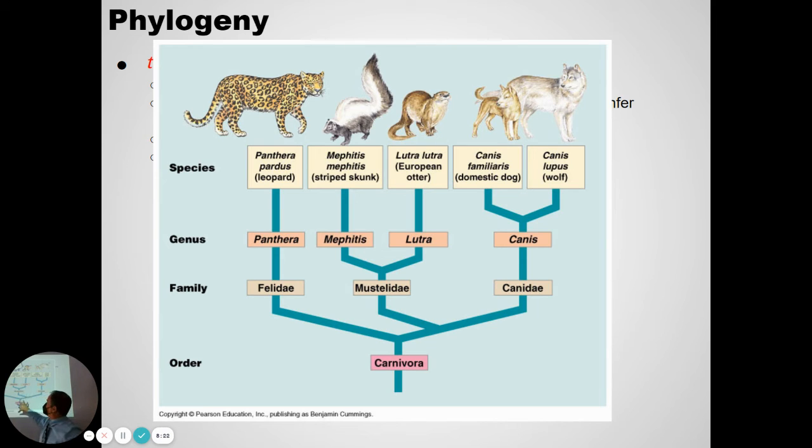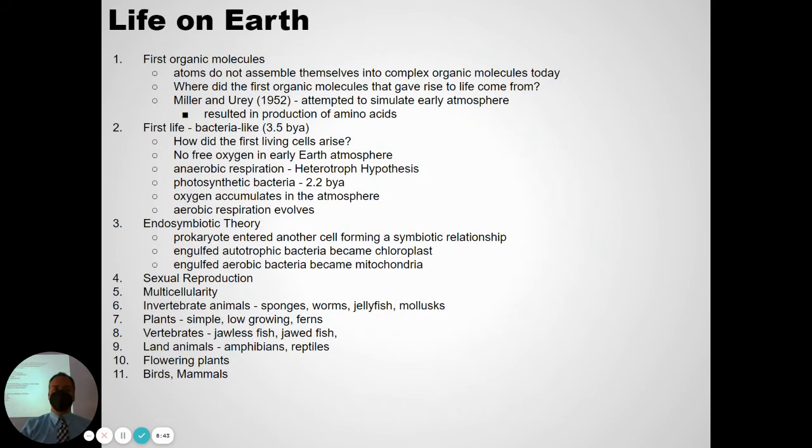We can see how these species are related based on these diagrams, and these diagrams are typically created using, now we use DNA evidence, right? If we compare the DNA of different species, we can find out very accurately which species are more closely related to which other species.